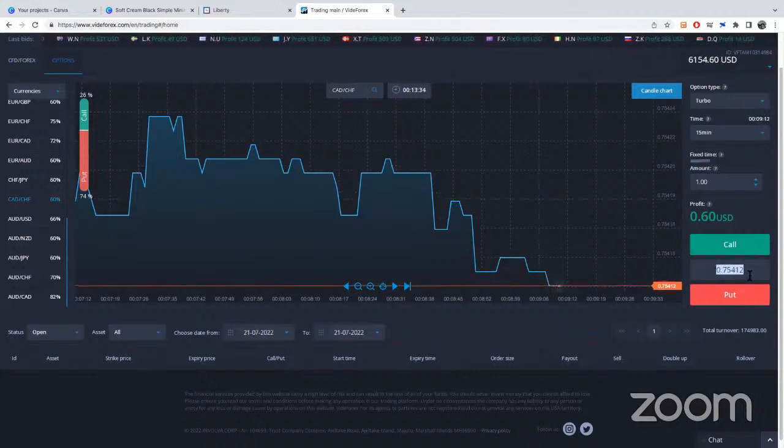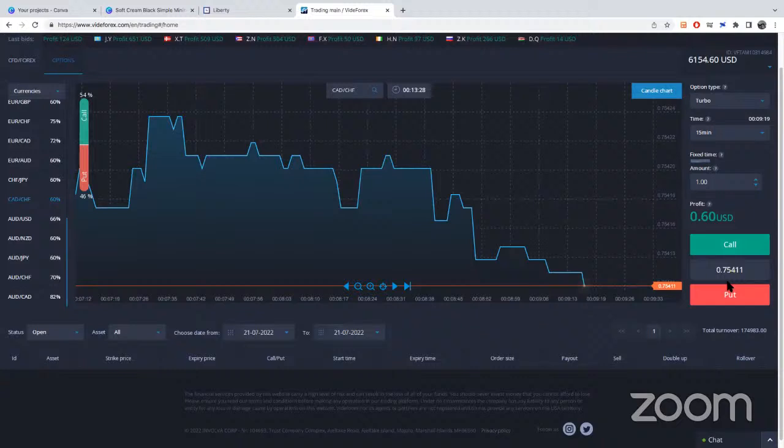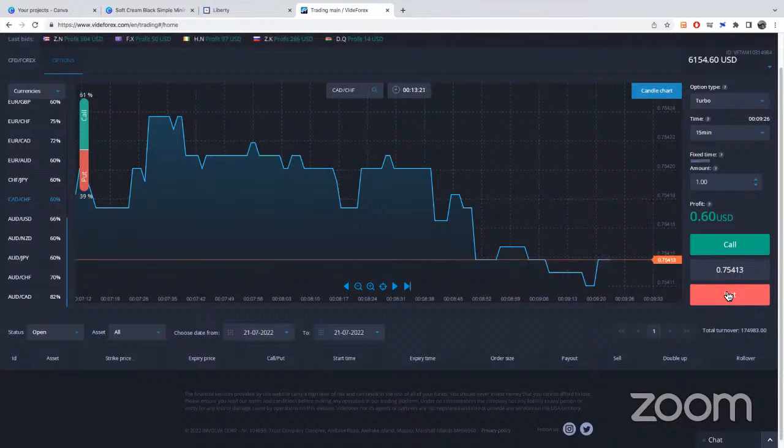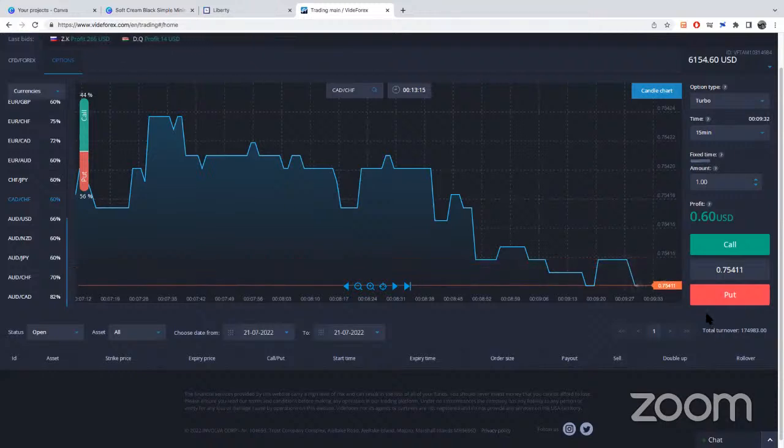If I can get that number to match or be around 0.75542, the only thing I need to do is click the put button. Okay, that's it. You're literally copying exactly what has been given to you. You don't have to make anything up. You don't have to do anything different.